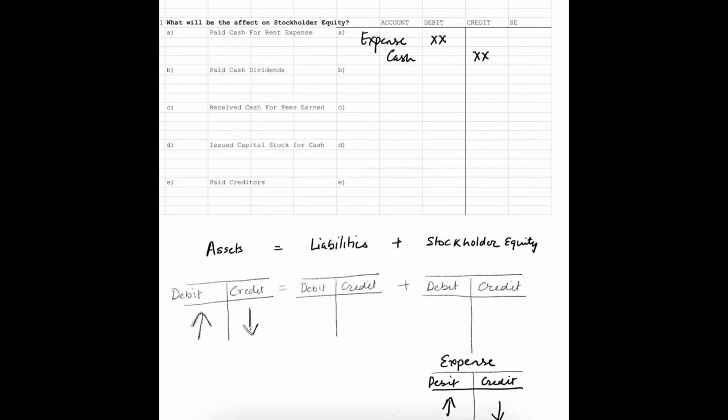So we know that cash is an asset account, right? What about the rent expense? What do expenses do to stockholder equity? The expense reduces stockholder equity. So the expense account is reducing stockholder equity.